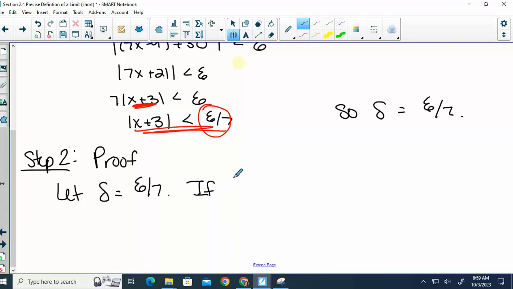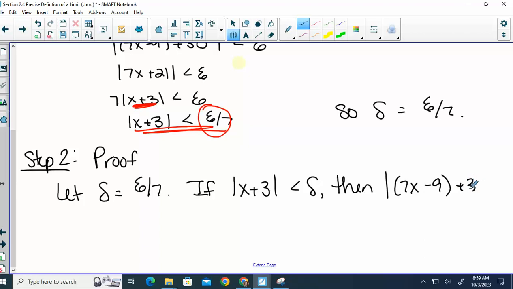So if the absolute value of x plus 3 is less than delta, then the absolute value of 7x minus 9 plus 30. And now I'm going to work that until I get a less than and an epsilon. So my work is going to be very similar to what I already did.